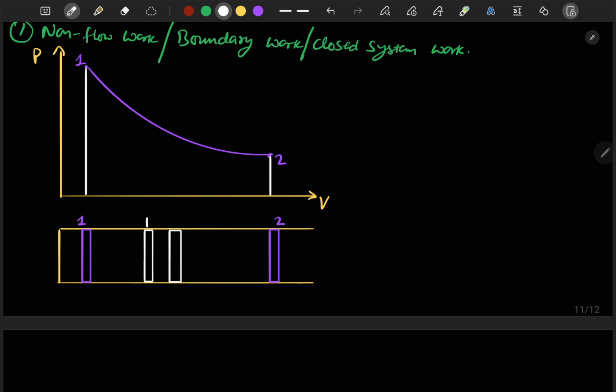So it moves a distance of dx, or we can call it delta x, and the corresponding change in volume will be delta V. Let's say location A, location B. Here it is location A, and here it is location B. Let's say that pressure at this point is P.